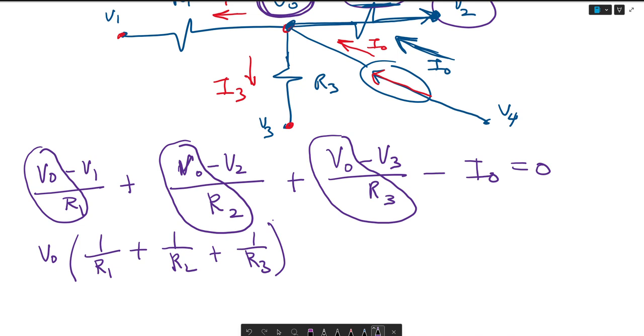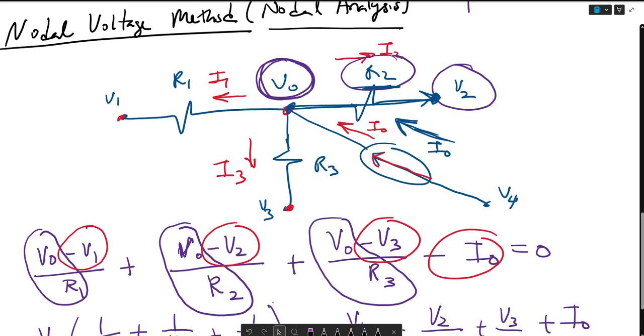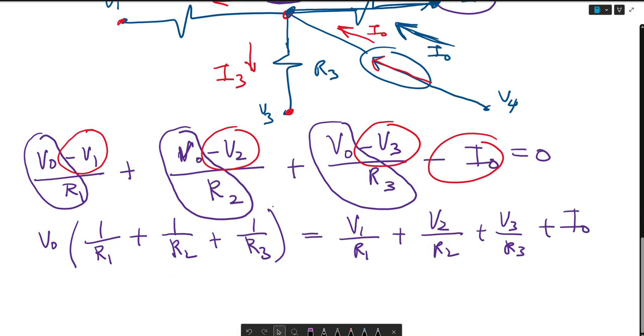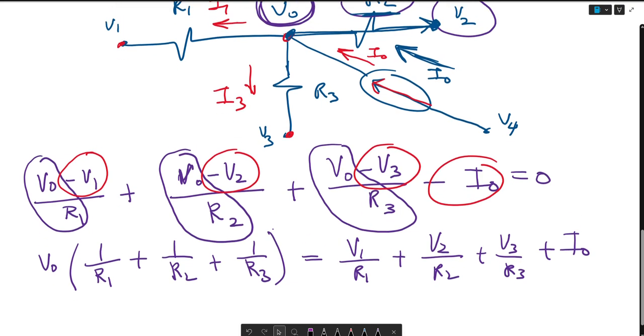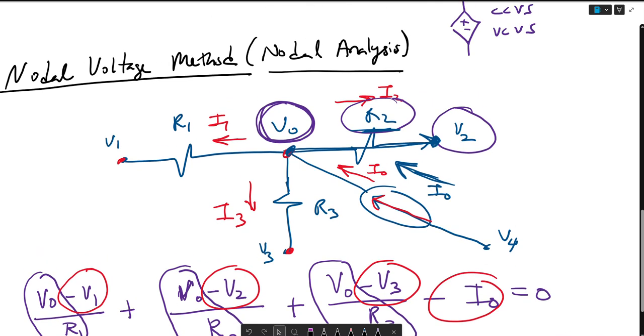And then, since these are all negatives, you can move them to the left and say this is equal to V1 over R1 plus V2 over R2 plus V3 over R3 plus IO. Depending on what the problem wants you to solve, you can solve for your different voltages and everything. But essentially, this is how I would write a nodal analysis, or nodal voltage method, for VO.